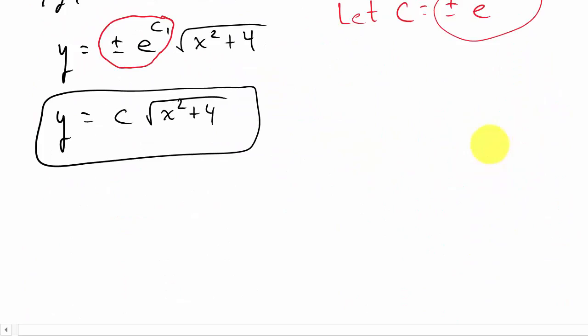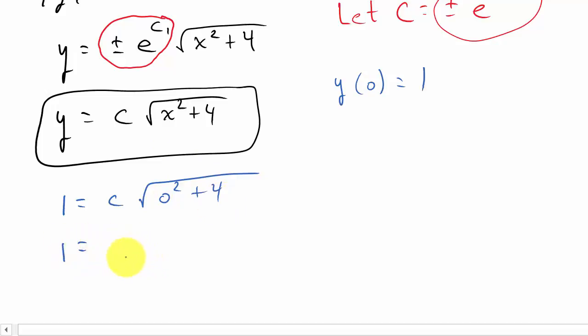If they gave us the condition y of 0 equals 1, all we would do is say, okay, y is 1, so we plug the 1 in here, equals c times the square root, and then the 0 gets plugged in for x. And so that would give us 1 equals c times the square root of 4, so that would be 2, and so that would tell us that c is equal to 1/2.